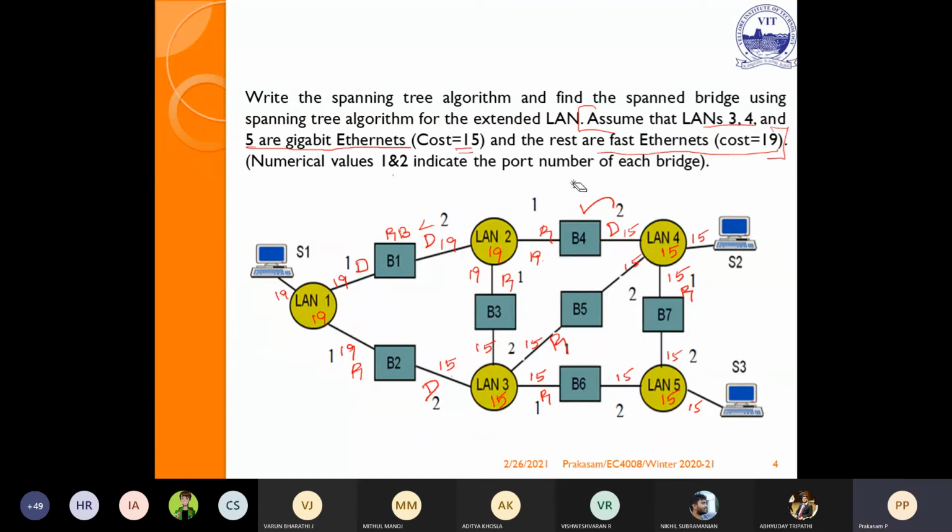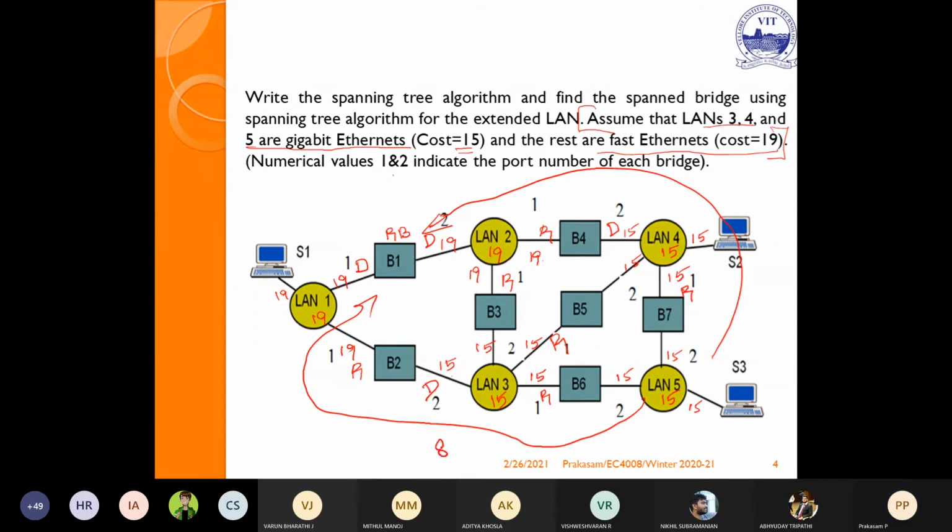Next, we are computing the designated bridge and port for LAN 5. For LAN 5, I can go here or I can go here. Through this, 15, 15, 15, so 45 plus 38, 83.